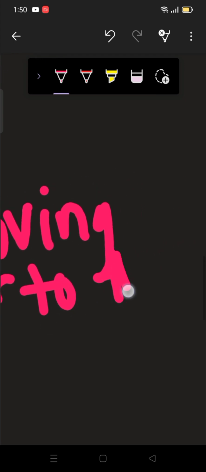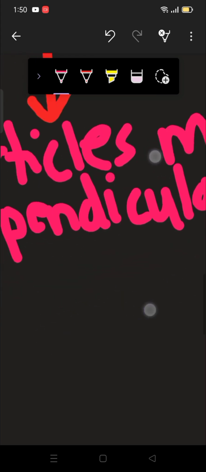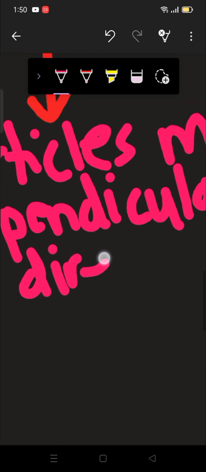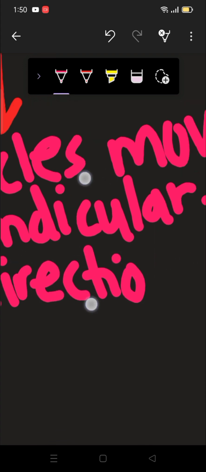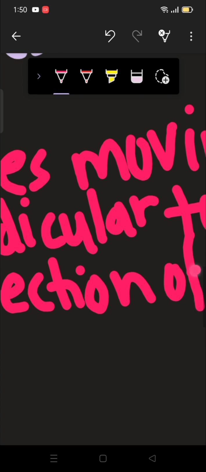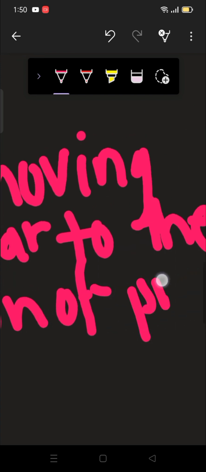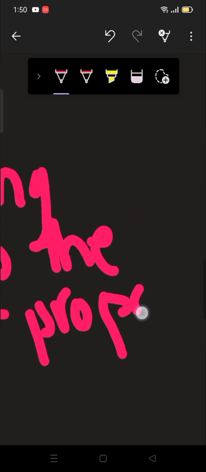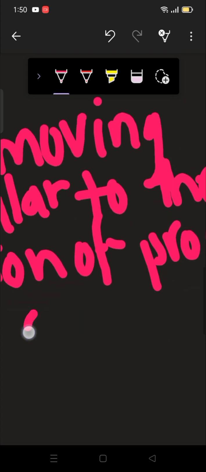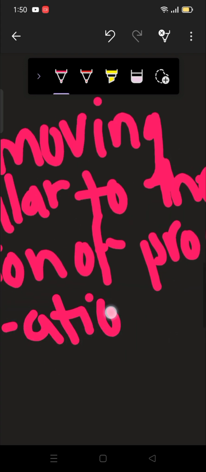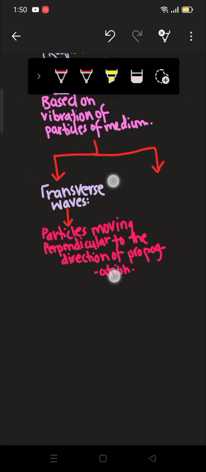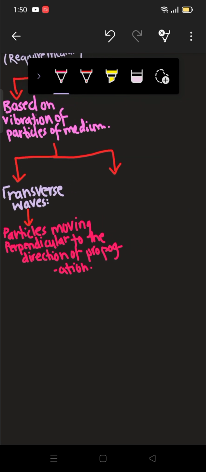So in this transverse wave, the particles will be moving perpendicular to the direction of propagation.